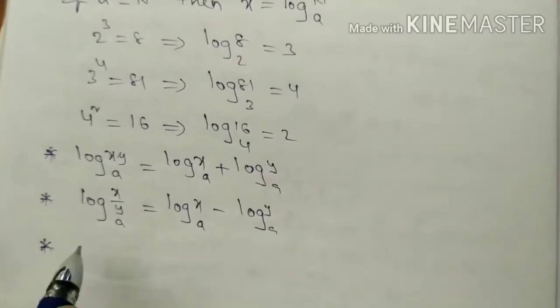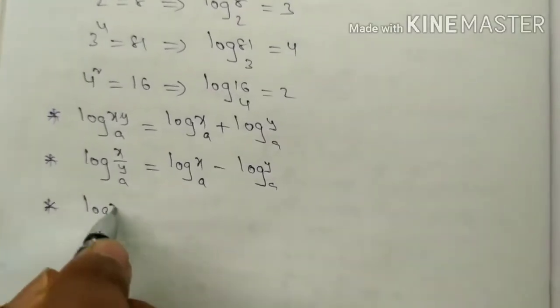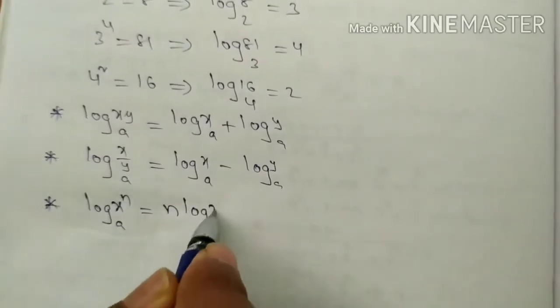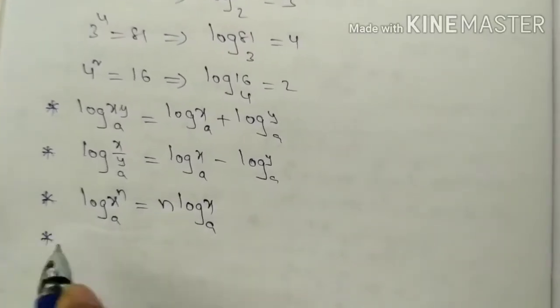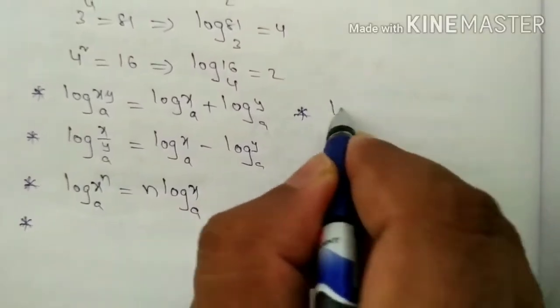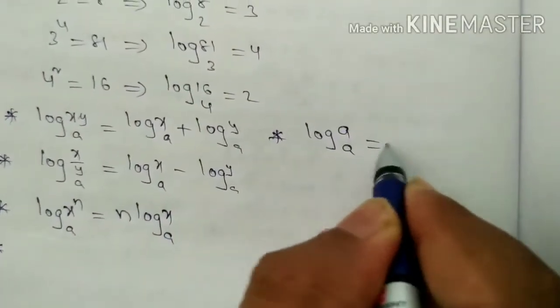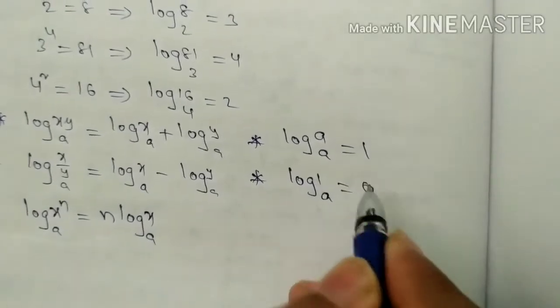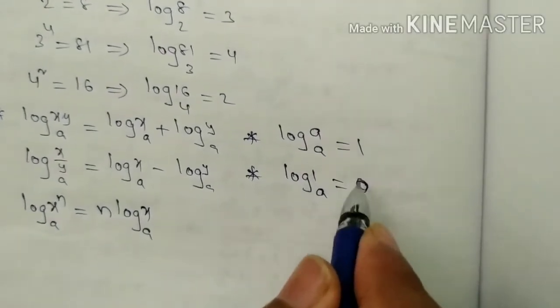Next, log x to the power of n to the base a is n log x to the base a. Here log a to the base a value is 1, and log 1 to the base a is equal to 0. Log 1 value is 0.